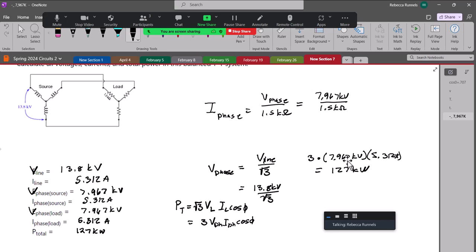Our voltage and our current are both at angle 0, and so phi is just 0, so cosine phi for these is just 1. If you were to do the line voltage times the line current and multiply it by the square root of 3, you should get the same answer.